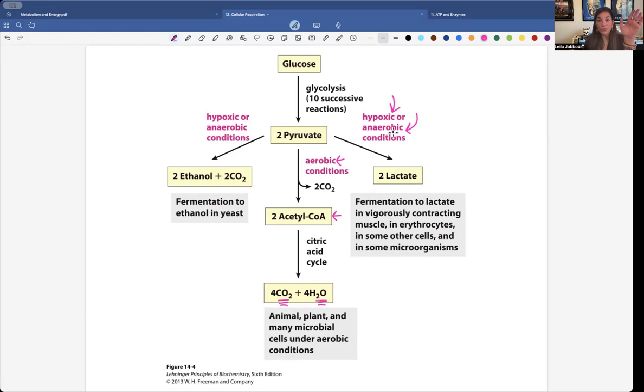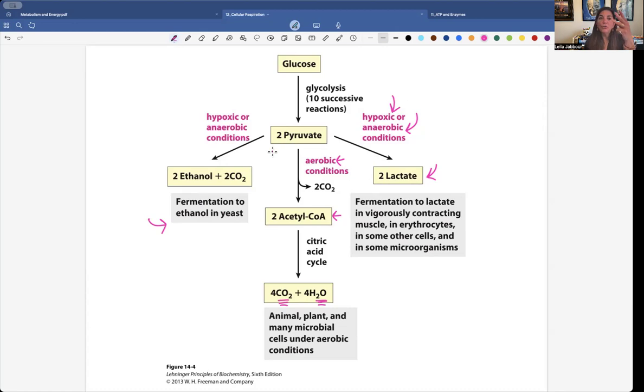You end up with fermentation to lactate, and this happens in muscles, and erythrocytes, which are your red blood cells, and some other cells in some microorganisms. So that's one fate. And then another fate only takes place in yeast. I should have said yeast, not plant. Yeast is the one that is actually producing the ethanol, using the sugar in the plants.